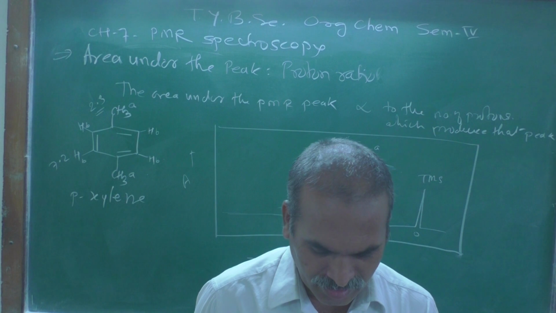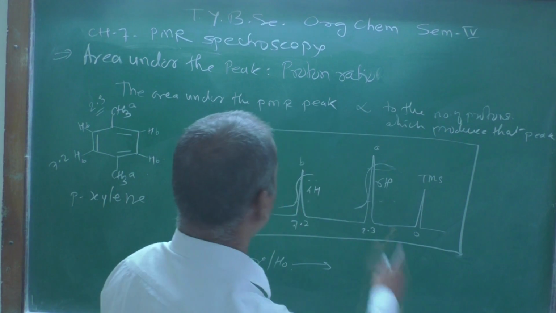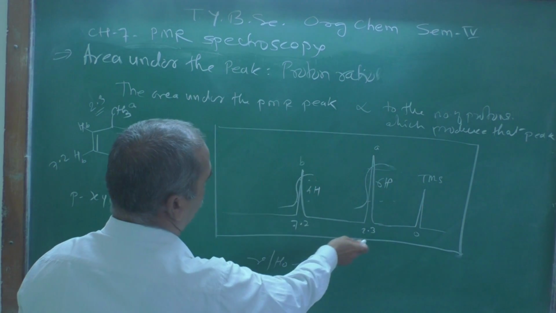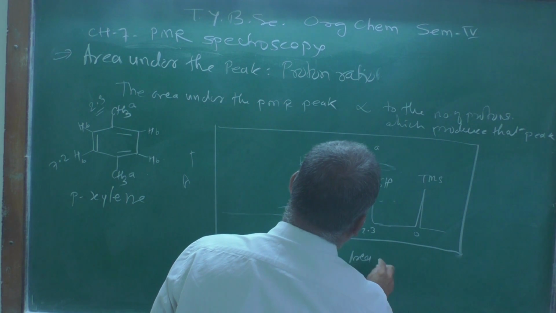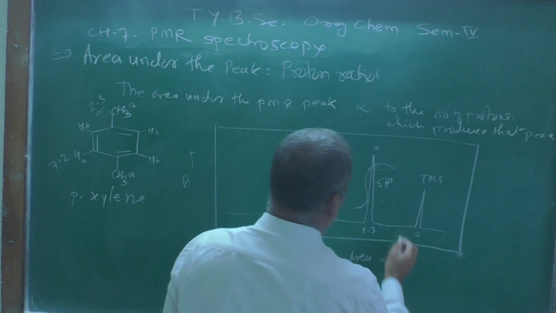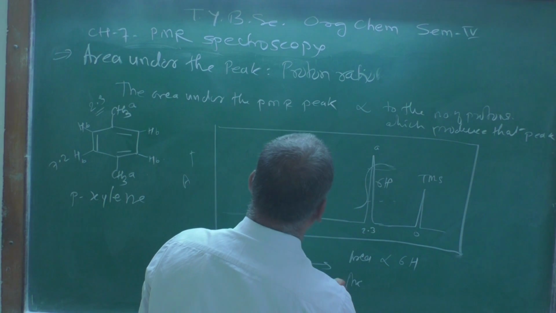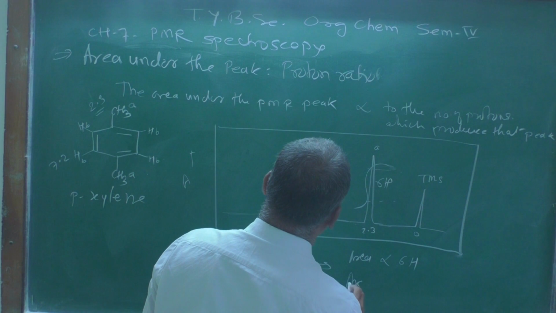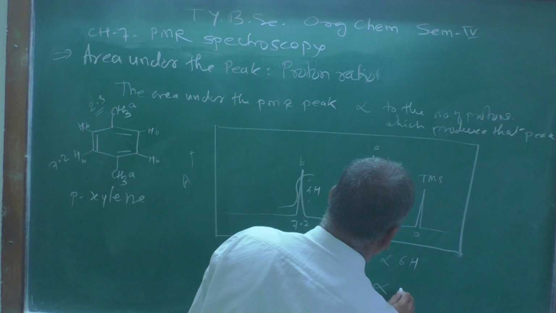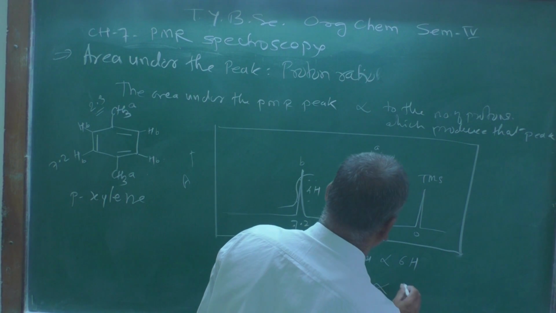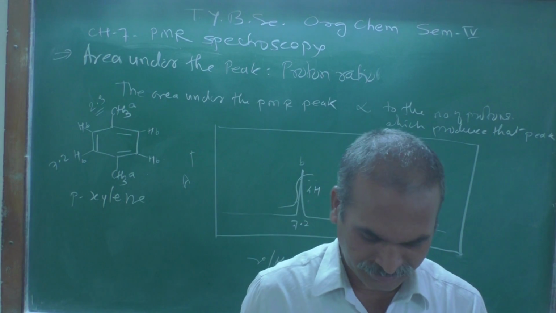The area under peak A is proportional to the 6 protons, and the area under peak B is directly proportional to the 4 protons.